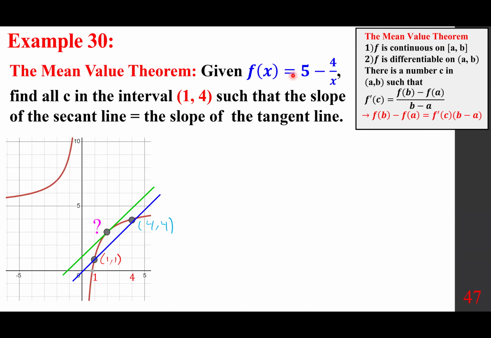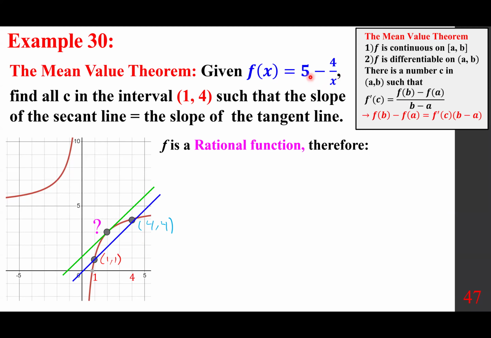So this is a rational function. And as you know, the domain of a rational function is all x except what makes the denominator 0. As you can see, x equals 0 makes the denominator 0. So you have to exclude 0.